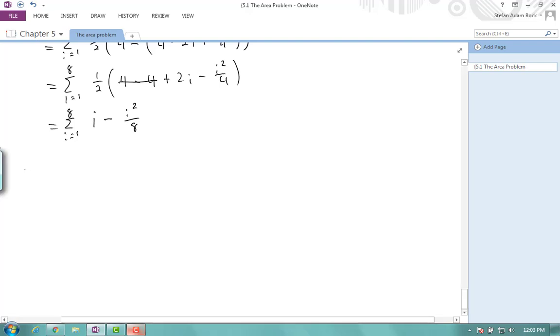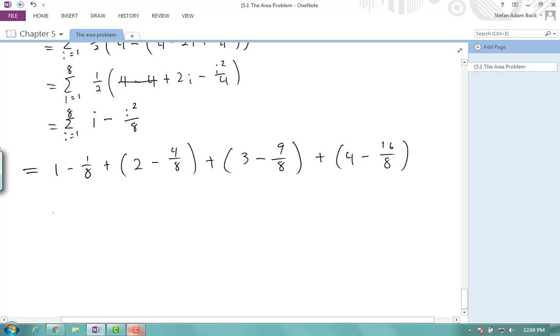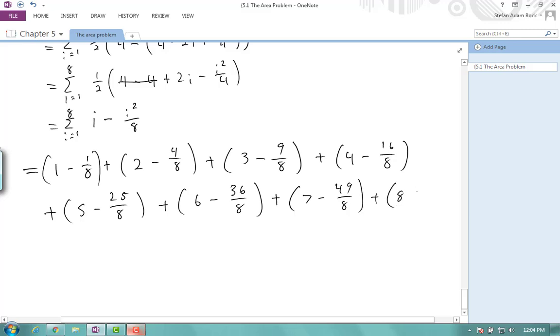So I'll find out later how I can make this even shorter after this work, but now if I list out my sum, I'm going to have 1 minus 1 over 8 plus second term, 2 minus 2 squared over 8, that's 4 over 8, plus 3 minus 9 over 8, plus 4 minus 16 over 8, plus 5 minus 25 over 8, plus 6 minus 36 over 8, plus 7 minus 49 over 8, plus 8 minus 64 over 8.